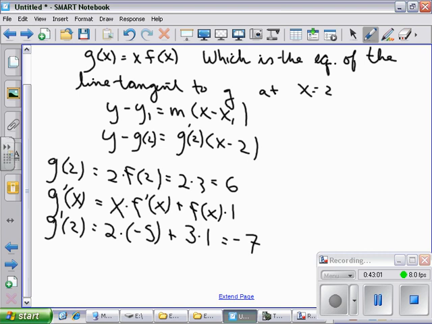So now we can write the equation of our tangent. It's y minus g of 2, which was 6, equals g prime of 2, which is negative 7, times x minus 2. That is choice D, I believe. D.